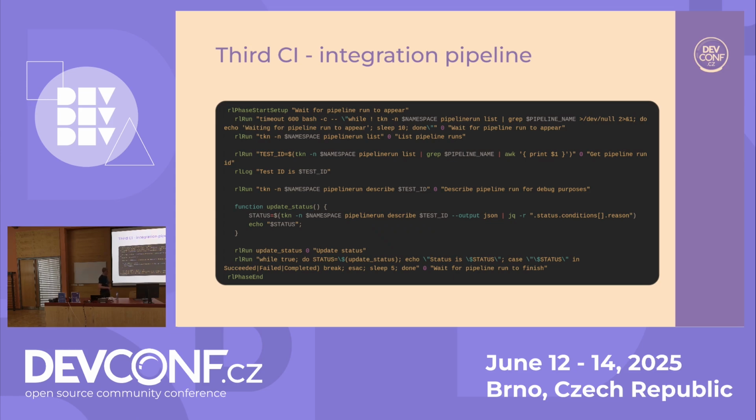The pipeline runs and the script is waiting for the pipeline to appear. In the meantime, it also logs some debug information if we need to debug something, and it waits for the pipeline run to finish.